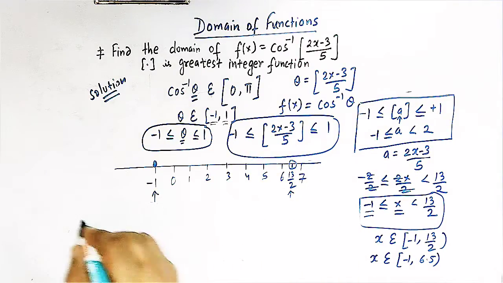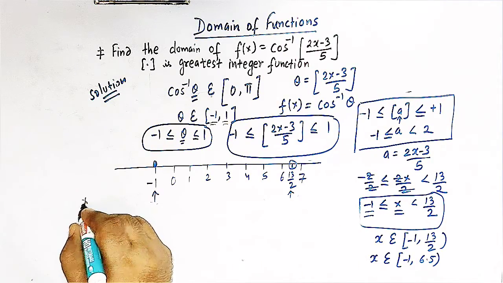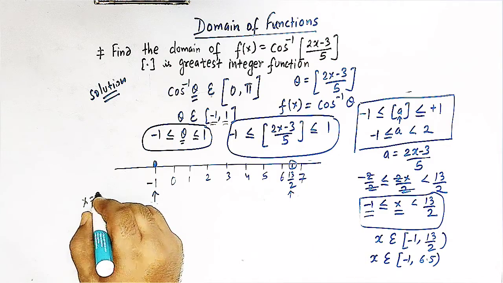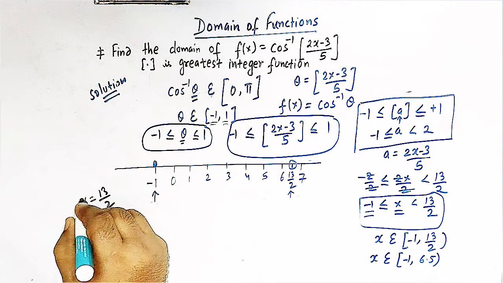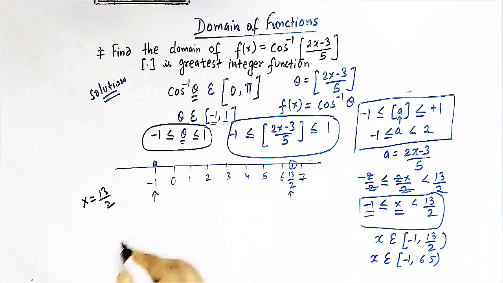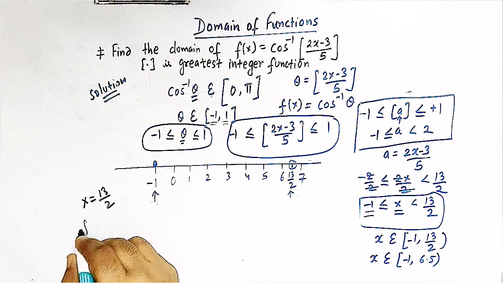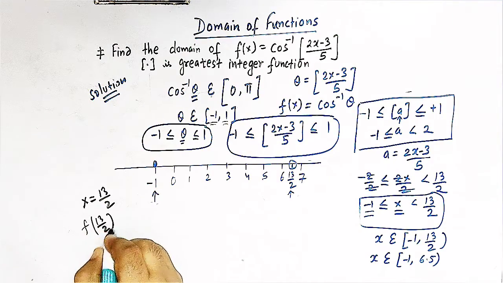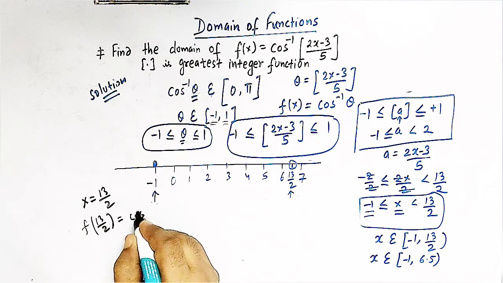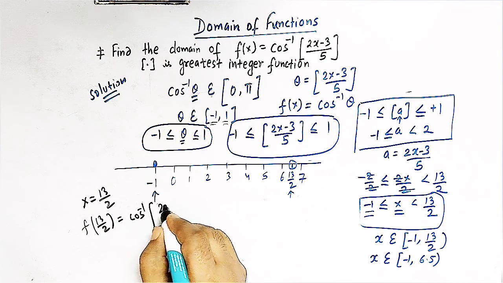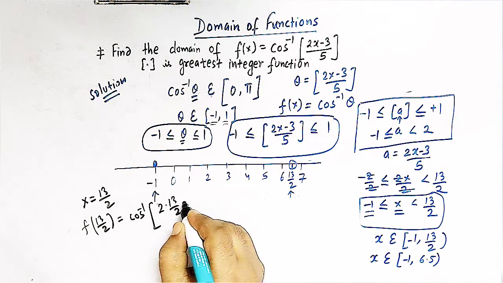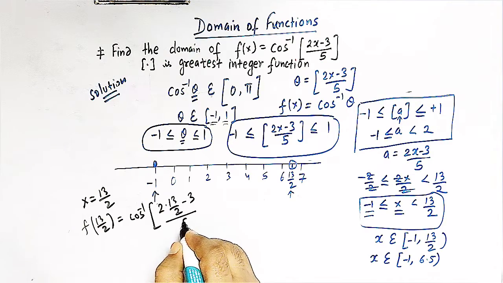Similarly, here we can verify that this point, that is 13 over 2, is not included in our domain. So let us find f of 13 over 2. So this is cos inverse, and here we have 2 times 13 over 2 minus 3 over 5.